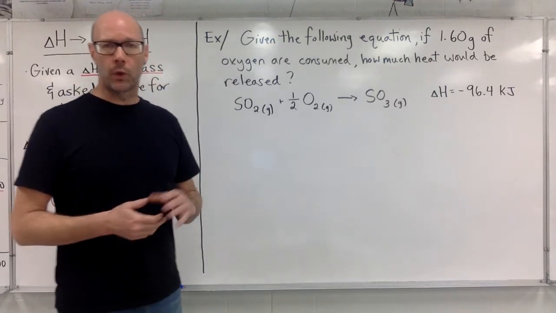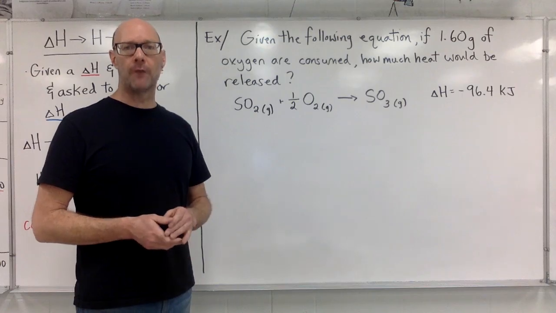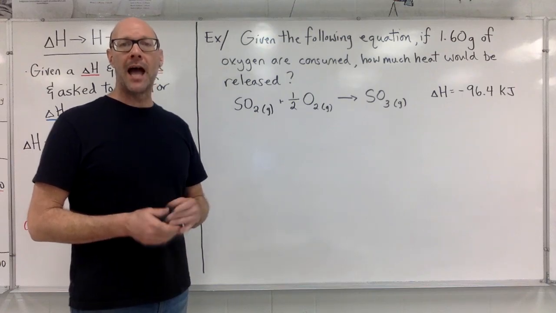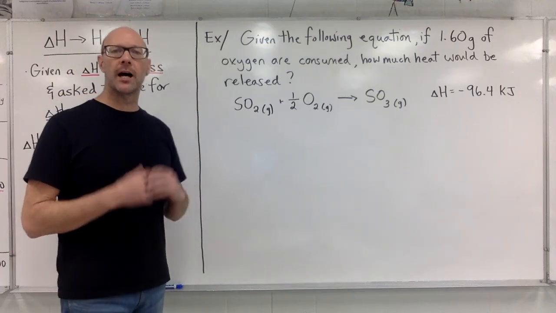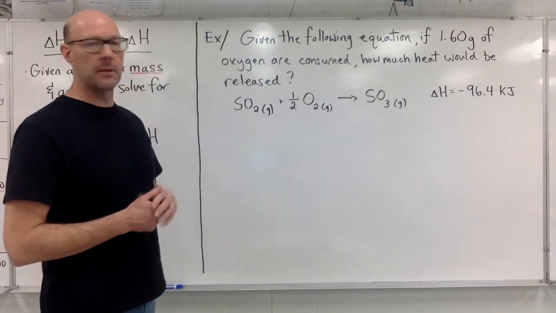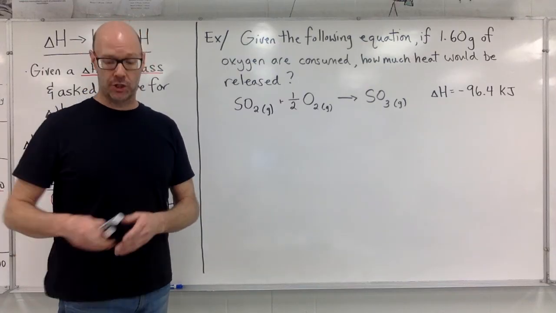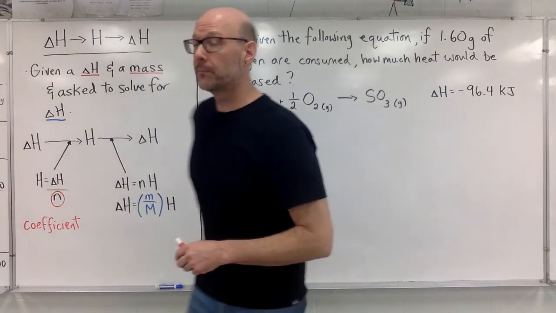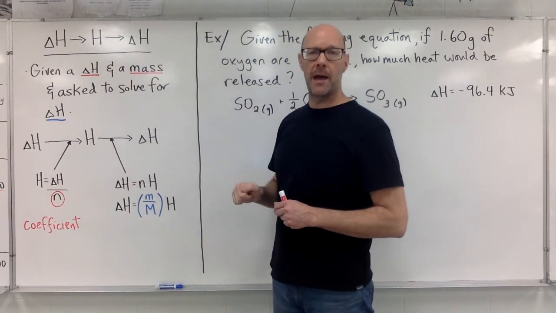Given the following equation, if 1.60 grams of oxygen are consumed, how much heat would be released? And we have some sulfur dioxide reacting with oxygen to make sulfur trioxide, and there's the delta H. Let's just notice that a question gives us a delta H and a mass.